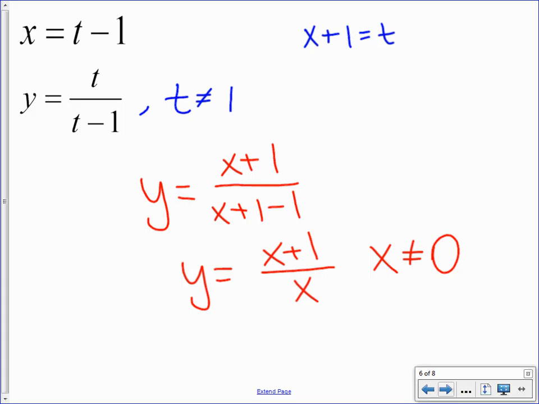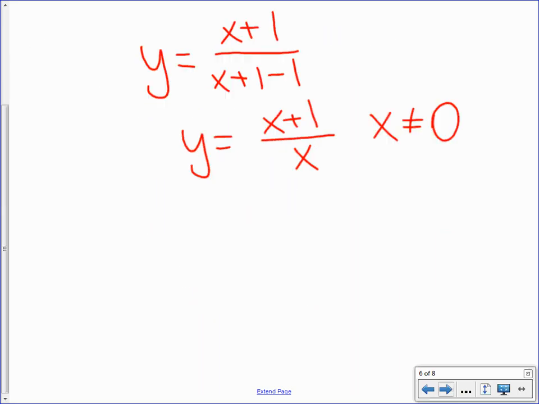Okay, what's different about this equation compared to the parabola one is this one has that restriction in the end anyway. Why? Because x is in the denominator. Okay, so sometimes we get restrictions that are going to be there anyway. Sometimes we have restrictions that we have to write down and it's going to change our graph.